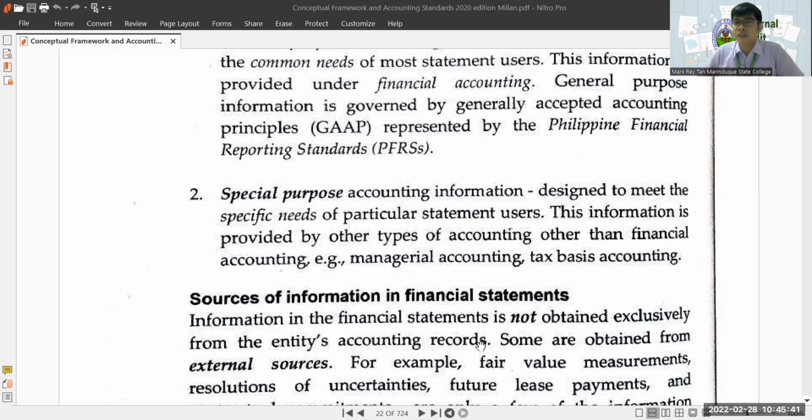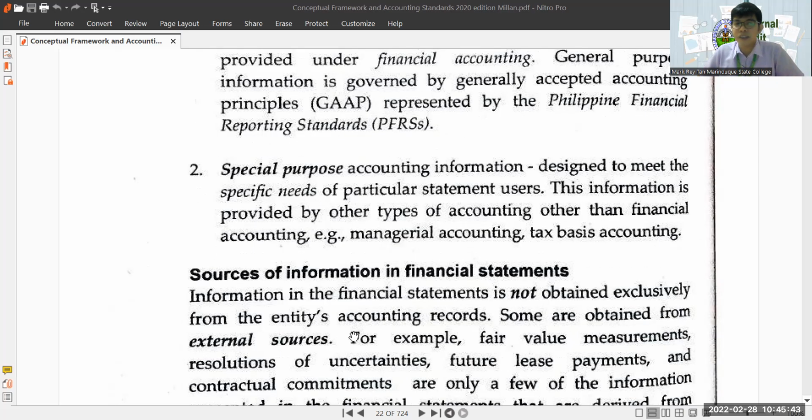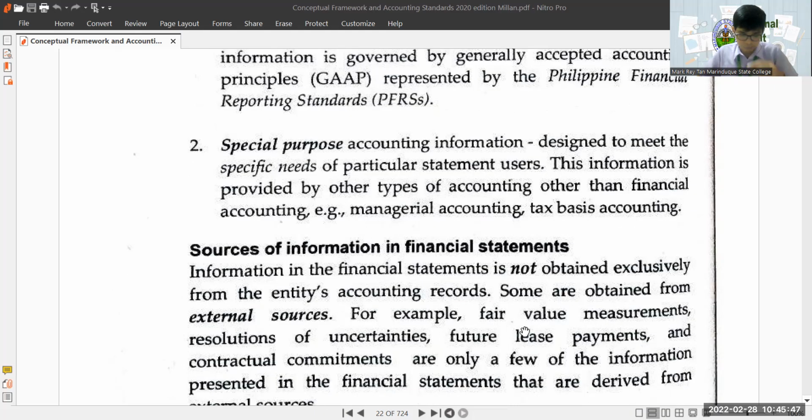Of course, some of them or many of them came from external sources. So there are examples here for your readings. Ano lang naman to class, no? I just want to say na the sources of accounting information in financial statements is marami siyang sources. It could be inside the company, outside the company. It could be internal and external.